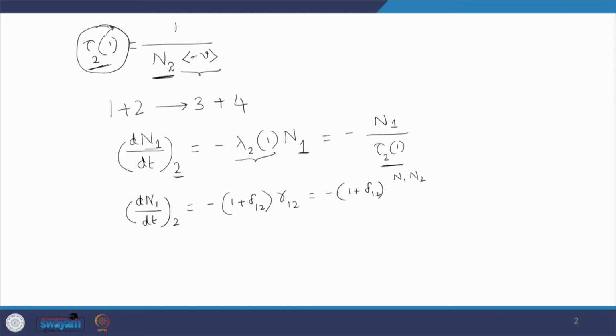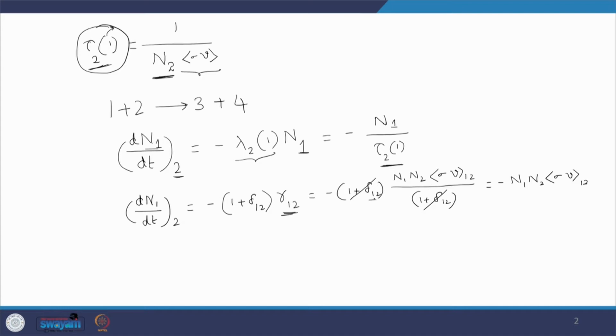I am writing the expression for total reaction rate R12, sigma V, that is reaction rate per pair, which is involving first and second type nuclei, 1 plus delta 1 2. So, this and this will get cancelled. I can write down like minus N1 N2 sigma V 1 2.